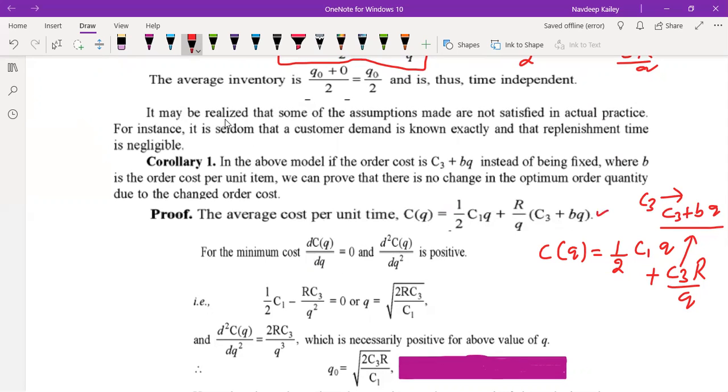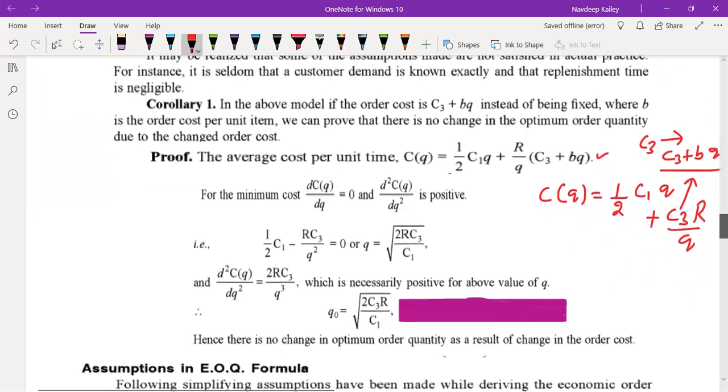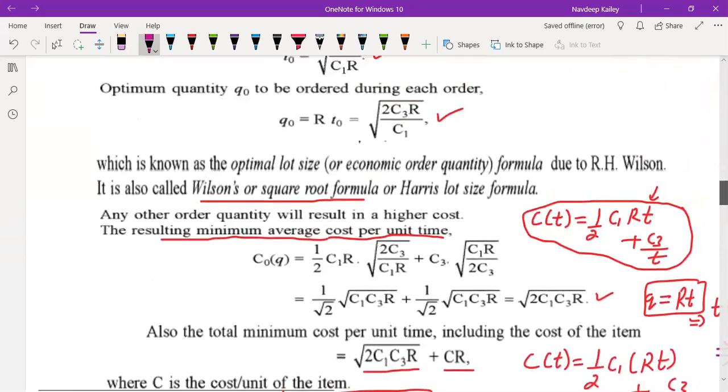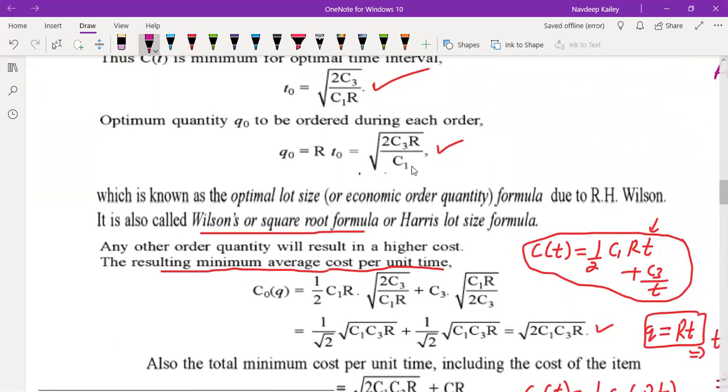Now again, for minimum cost, the first derivative is 0 and the second derivative is positive. Applying these conditions, we get Q naught as square root of 2 C3R upon C1. Now look at this optimal quantity: square root of 2 C3R upon C1 is the optimal quantity to be ordered during each order.